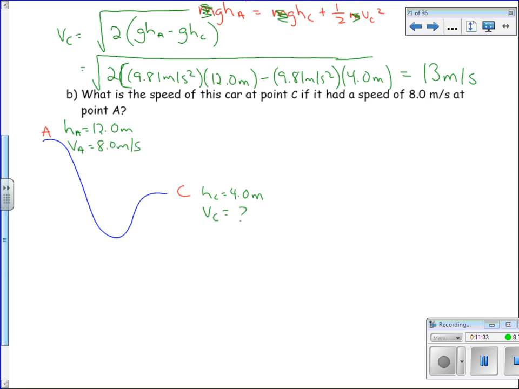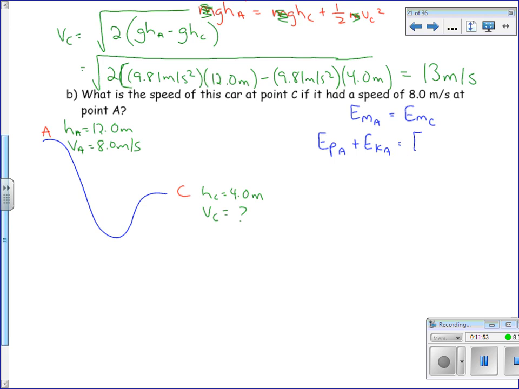So what that means now to our problem is to find the mechanical energy at A and the mechanical energy at C. The mechanical energy at A is both potential energy plus kinetic energy because it has a height of 12 meters and it has a velocity of 8 meters per second. So it's combined.